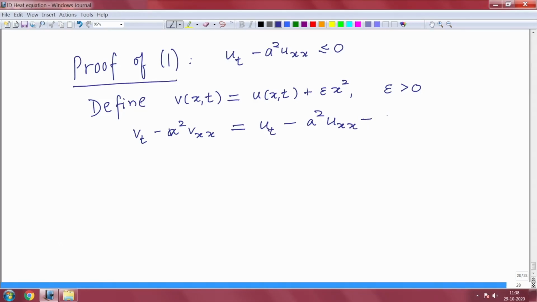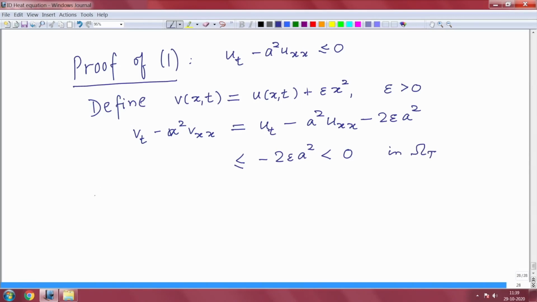So, you get minus 2 epsilon a squared, and by assumption this is less than or equal to 0. So, this is less than or equal to minus 2 epsilon a squared, which is strictly negative in Omega_T. Remember that.